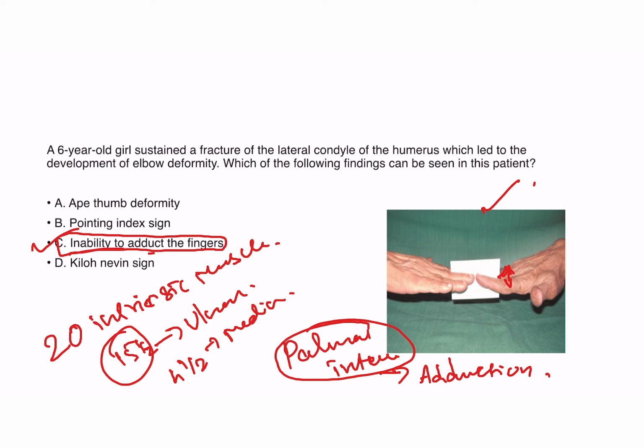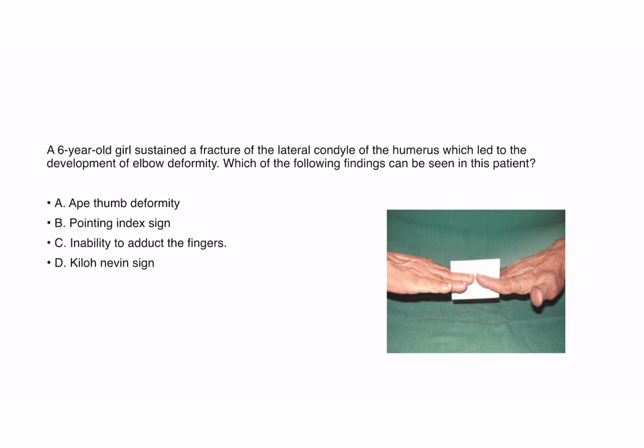A 6-year-old girl sustained a fracture of lateral condyle humerus, which led to develop an elbow deformity. So what are they asking? Fracture of lateral condyle can lead to what complication? Cubitus valgus, right? And that's what is explained in the next statement. Led to the development of elbow deformity, cubitus valgus.